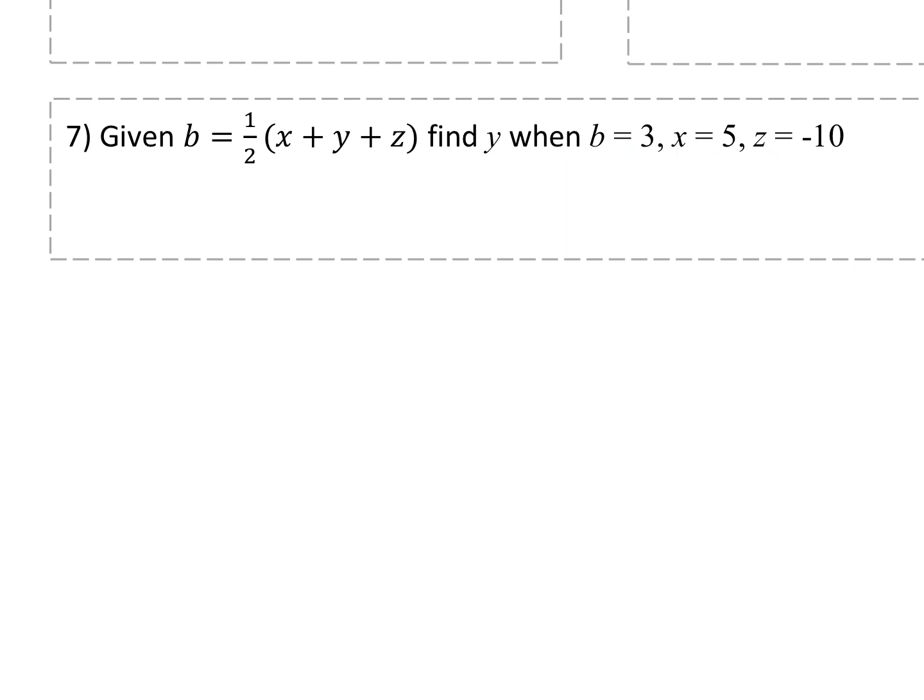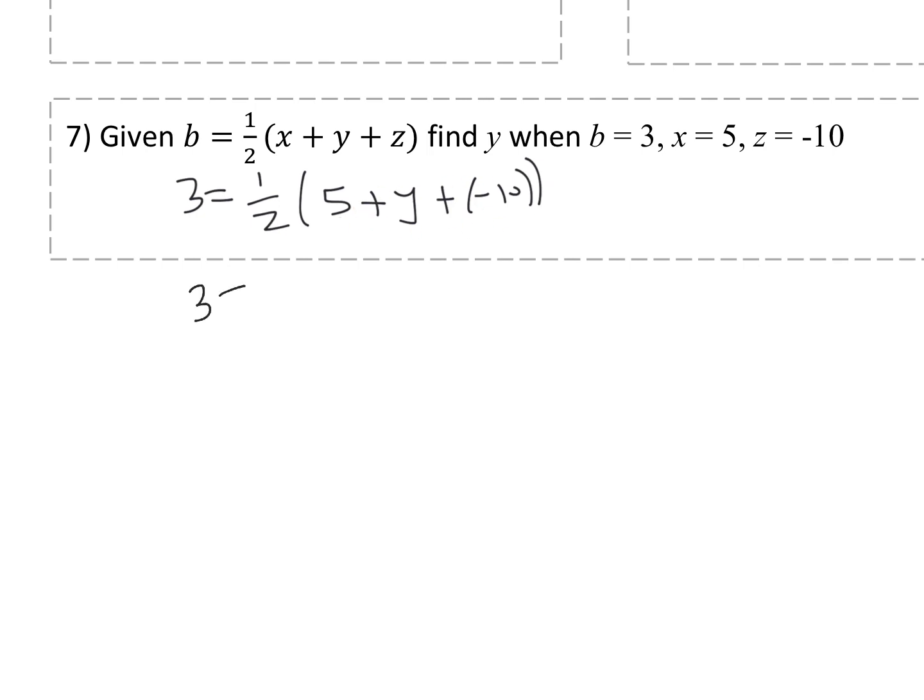So if we write it out, b is 3, so we can say 3 equals a half, x is 5, y we don't know, z is minus 10. Okay, what I'll do first is tidy up the brackets because there's a few things in there we could work with.